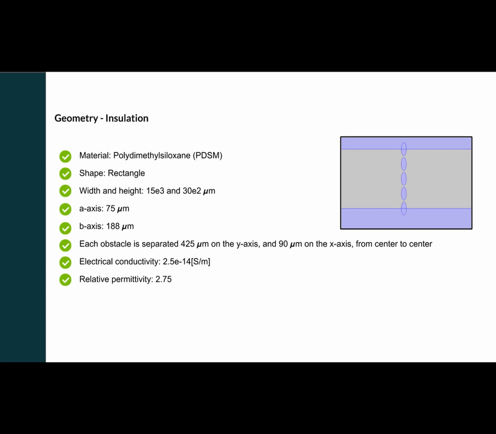For the A-axis, the size corresponds to 75 micrometers, and for the B-axis, 188 micrometers. We need to keep in mind these measurements since they have a big influence on our results. The electrical conductivity of the material is 2.5 e to the minus 14 and a relative permittivity of 2.75.